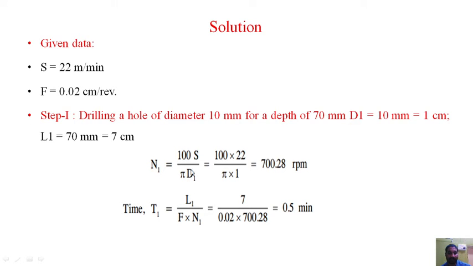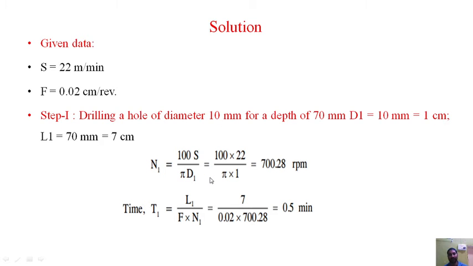Here we have to take the diameter of the drill bit. So 100 into 22, the cutting speed, divided by pi into the drill bit diameter of 1 centimeter. So RPM will be 702.8 RPM. Next, time for the first operation: L divided by F into N. L is 7 centimeter, F is 0.02, RPM is 700.28. So 0.5 minute is required for the first step.